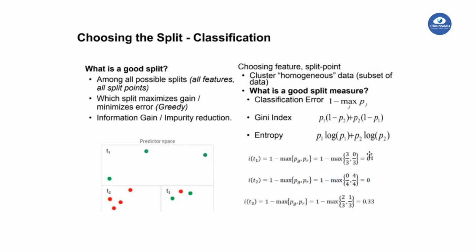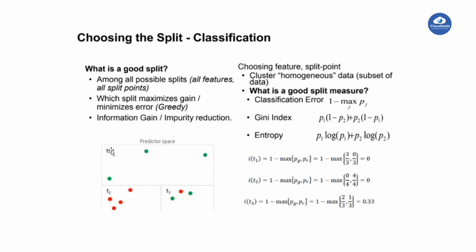Here also, the probability will be 1, because it classifies very correctly. So 1 minus max p is 1 minus 1, that is 0. If we get 0, that indicates a pure classification. There is no impurity. Whenever we get some value, that means that much impurity is present in that independent variable.